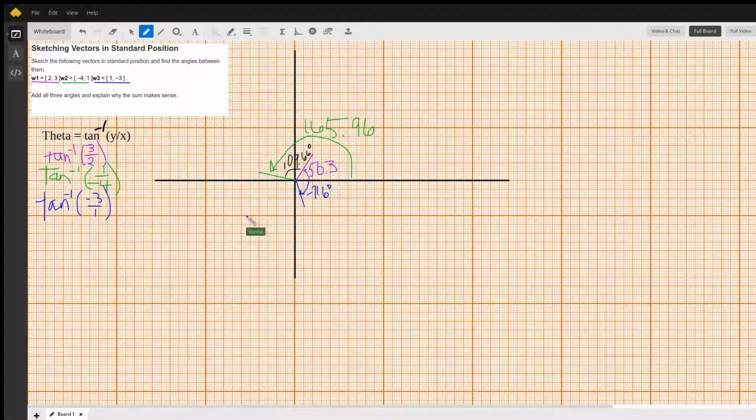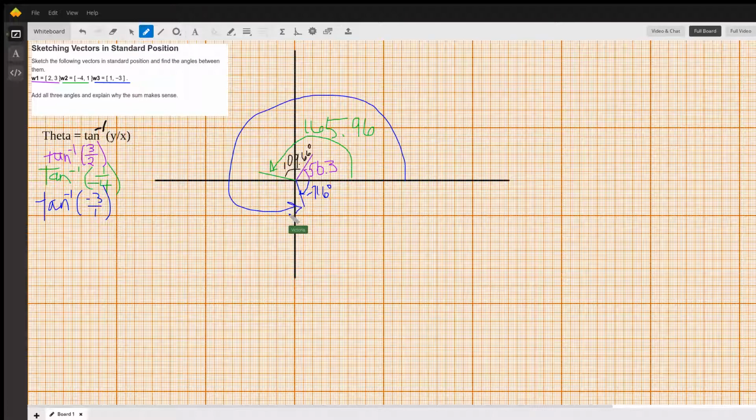But remember, if we would do it in the positive direction, so if we add 360 to that, so we can compare apples to apples, this is the same thing as 288.4 degrees.